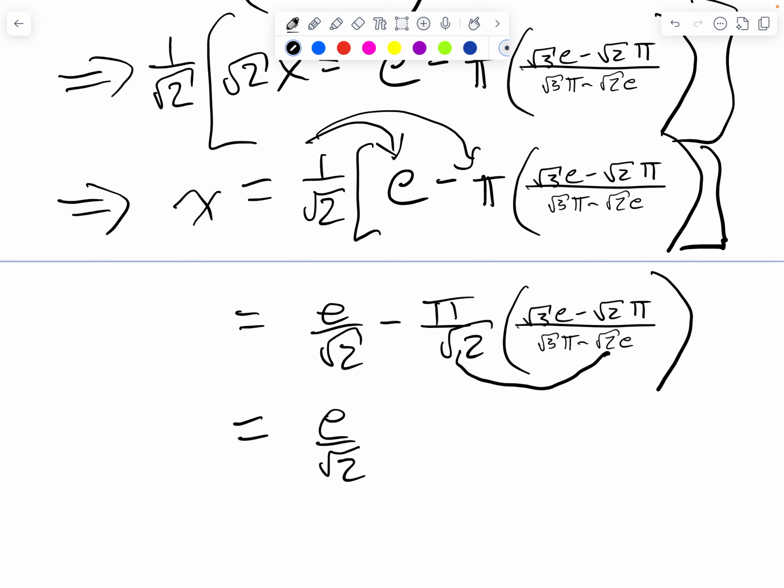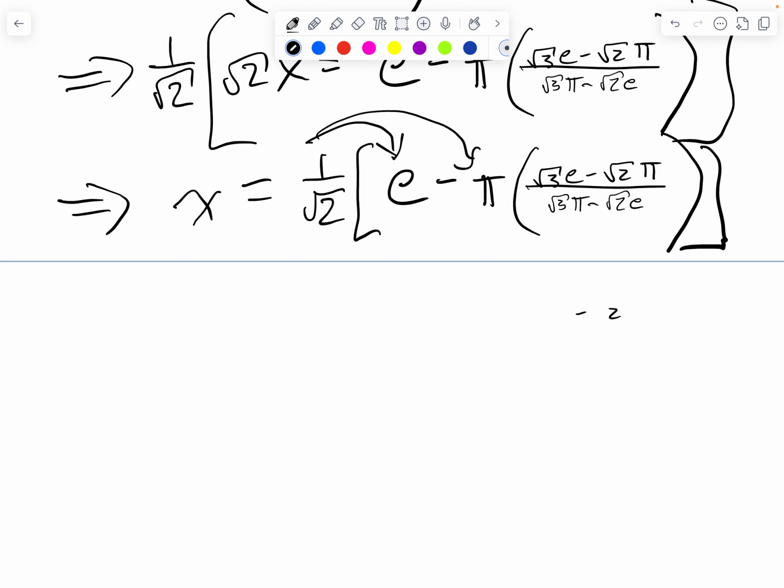I don't know if that's helpful or not. Honestly, I don't like it this way. I like it better this way, because what's going to happen, we're going to get pi times this, we're going to end up with pi squareds, and sure, that'll turn into a 2 and no more root 2, but here we're going to have ugly complexity. So you know what? I like the answer like this, for x anyway.